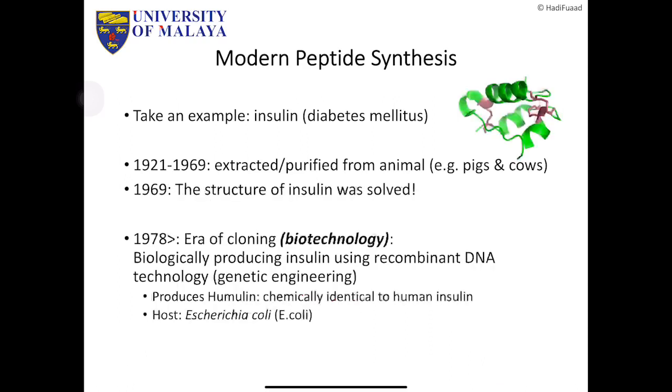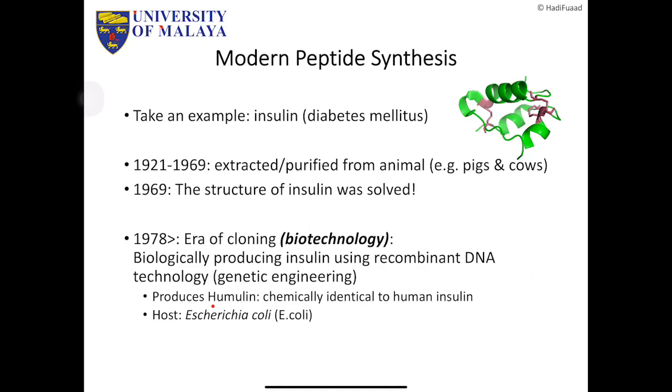But in 1978, the era of cloning or biotechnology emerged, where people can produce insulin, not very easily, but in a reasonably quick manner once the protocol has been established. So it kind of stopped the progression of chemical synthesis of insulin.